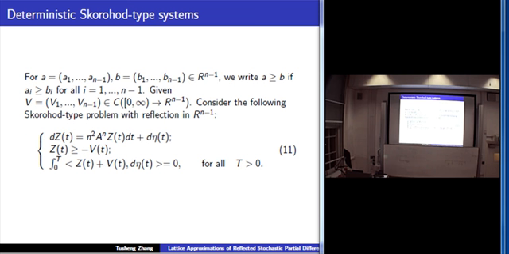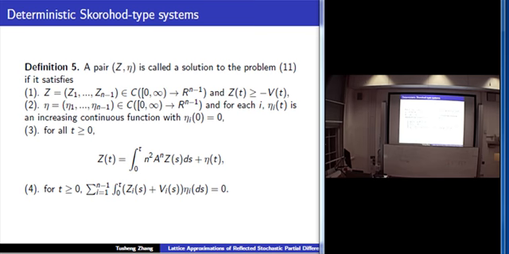Okay, now given an (n-1)-dimensional function v, let's consider this system. Let me define the solution. (z, eta) is the solution of the above system if z is a continuous function and z is above the given barrier v, and each component of eta is an increasing continuous function, a kind of local time.